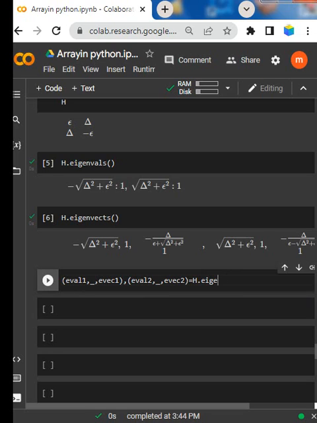I need to write eigenvects here, and we will put parentheses.